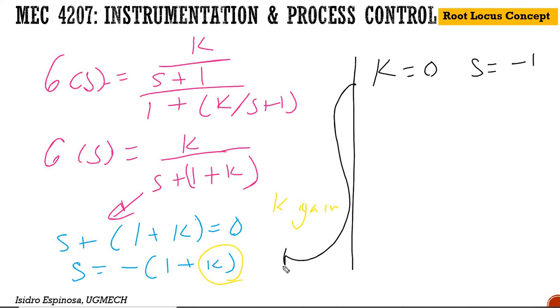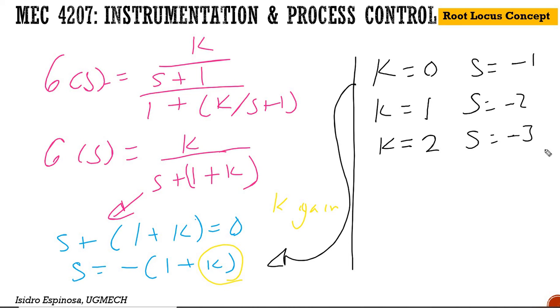When k is equal to 1, s is equal to minus 2. When k is equal to 2, s is equal to minus 3. And we can see that we have a sequence, right?